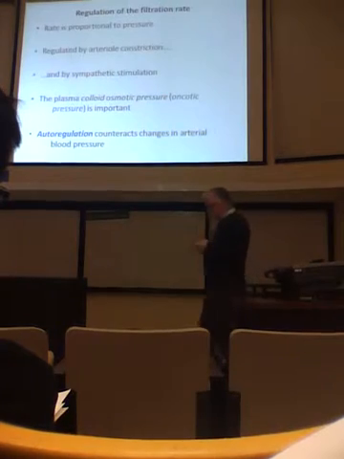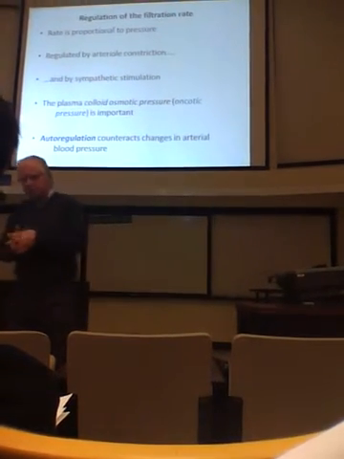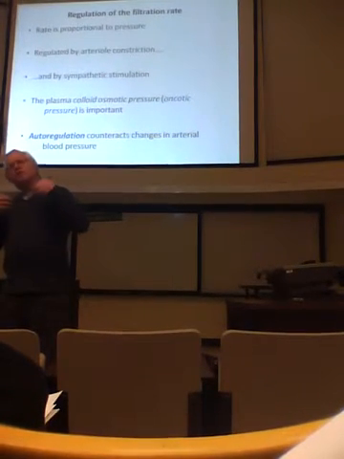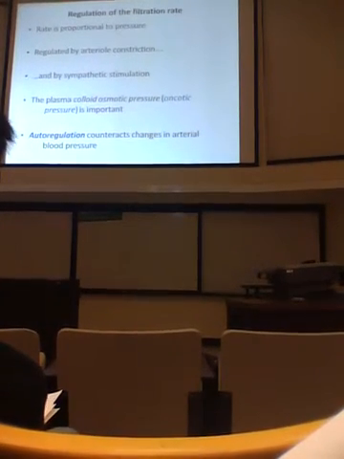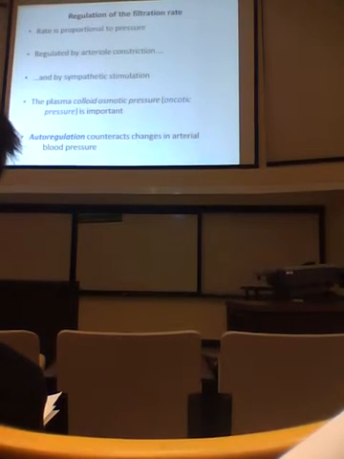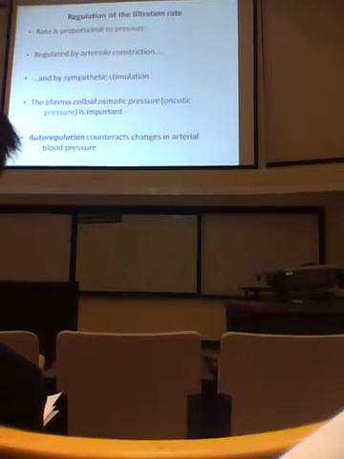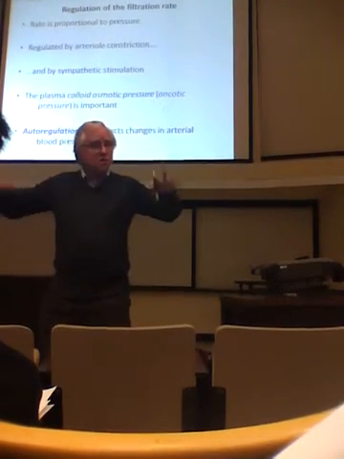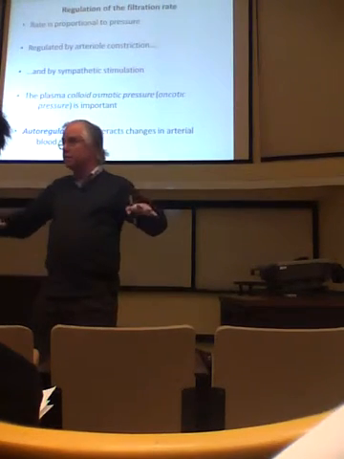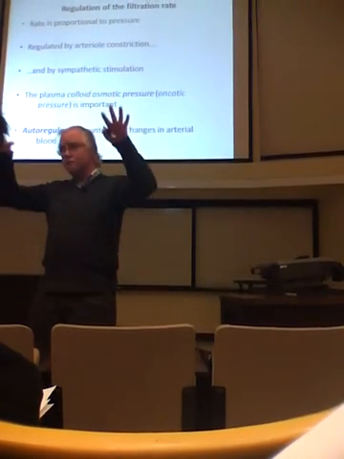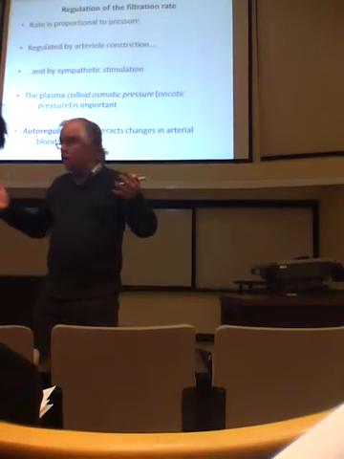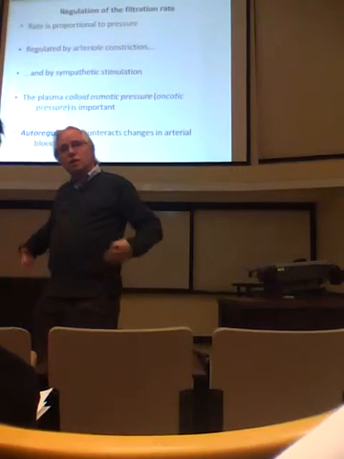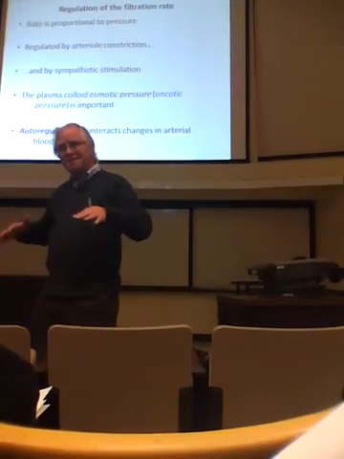So in normal conditions, this is regulated. If the filtration pressure determines the rate of filtration, then what can potentially happen is that as your systemic blood pressure goes up and down, just think carefully about this, as your systemic blood pressure goes up and down, as it does normally, that would indicate that your kidney function will go up and down.